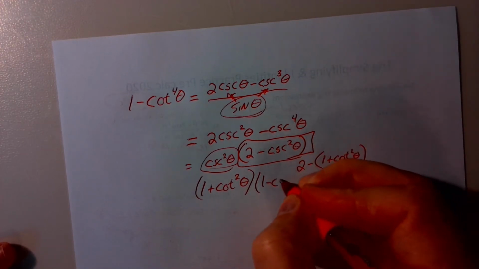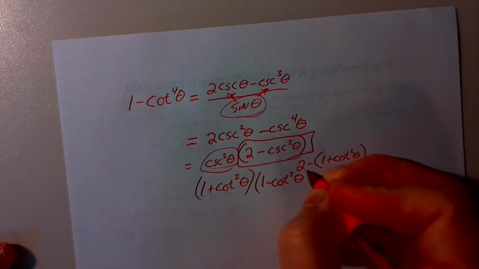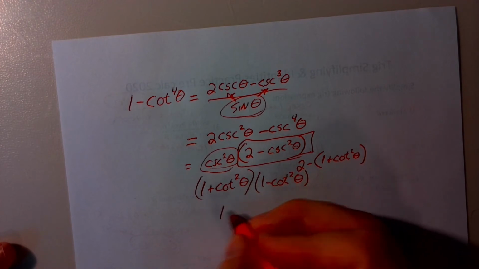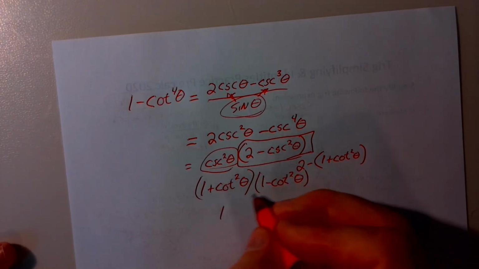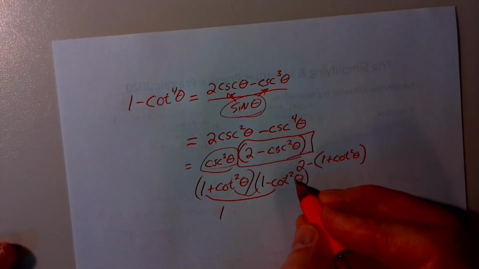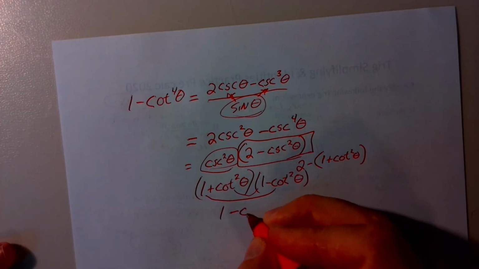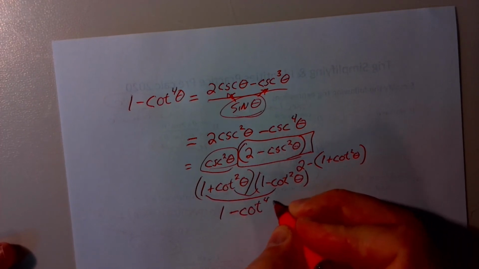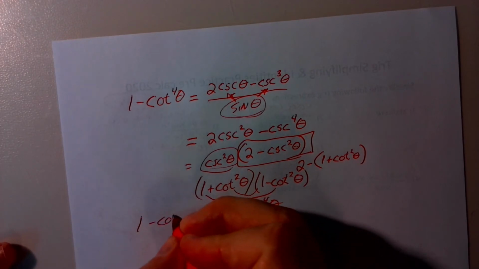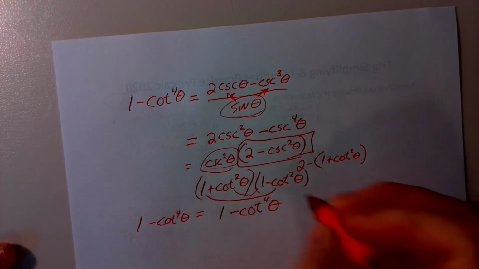So that's 1 minus cotangent squared theta. Well, look, this is a difference of squares. 1 times 1 is 1, minus cotangent squared on the outside plus cotangent squared on the inside. Those cancel each other, and cotangent squared times negative cotangent squared gives 1 minus cotangent to the 4th theta, which equals 1 minus cotangent to the 4th theta.